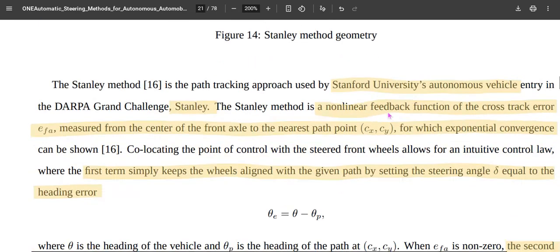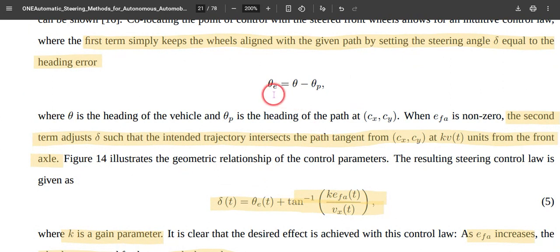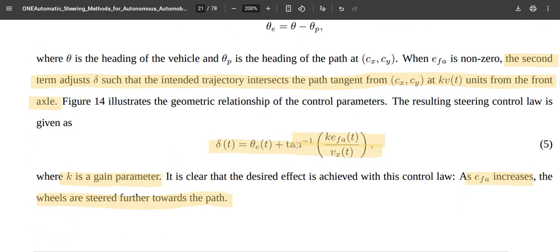So it has two terms. The first term is obviously the heading error, the difference between the orientation of the path and the orientation of the vehicle, and the second term is a nonlinear term, for which we may see in the future how this Stanley method is derived.